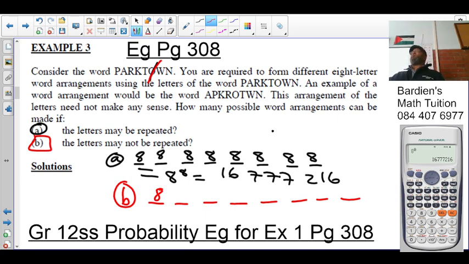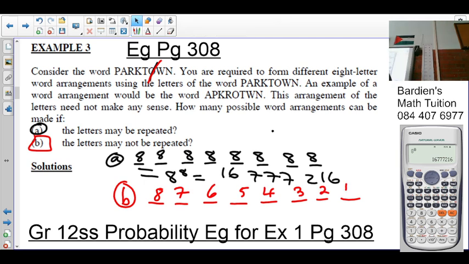No. The letters may not be repeated now. So you are going to have 7, then 6, 5, 4, 3, 2. In other words, that is going to be 8 times 7 times 6 times 5 times 4 times 3 times 2 times 1. We're going to answer 40,320.